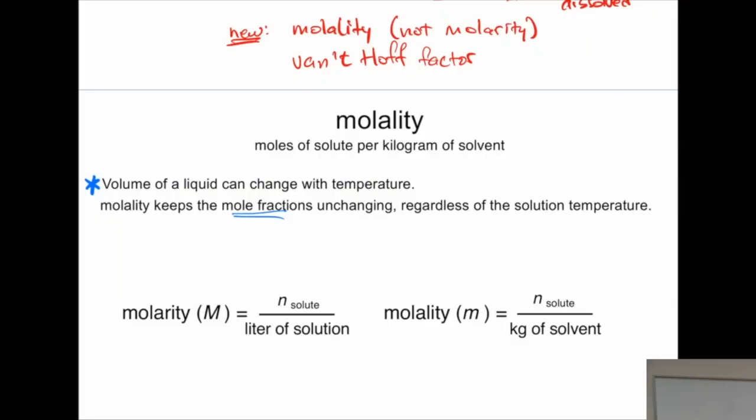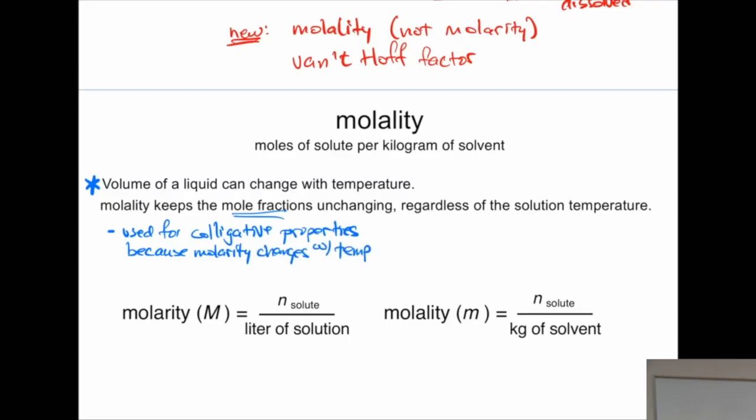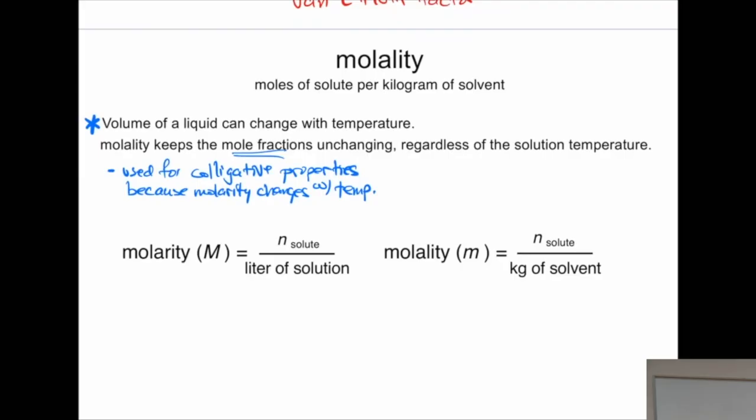But before I do that, let me just write down a few more notes here for you. We use this for colligative properties, because the molarity changes with temperature. Now, for an example, here's molarity, as we know, capital M. It's the moles of solute, so n is moles, per liter of solution.